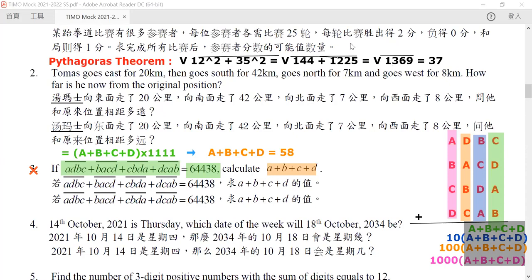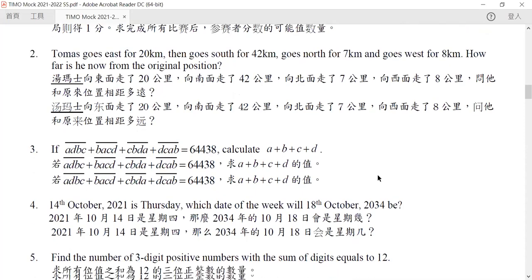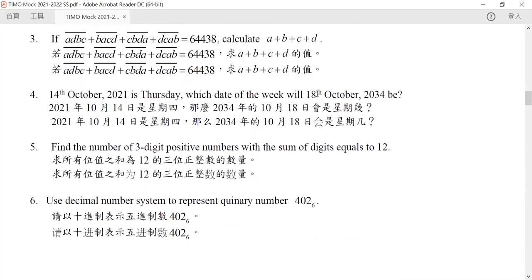Okay. So let's go to our question number 4. For question number 4, October 14 of 2021 is a Thursday. Which day of the week will October 18, 2034 be? Again, for this kind of question, all you need to do is calculate how many days have passed from our first date, October 14, 2021, to our last date, October 18, 2034.